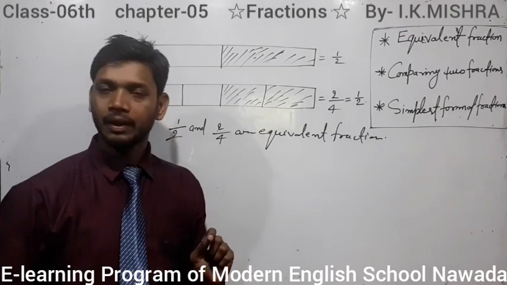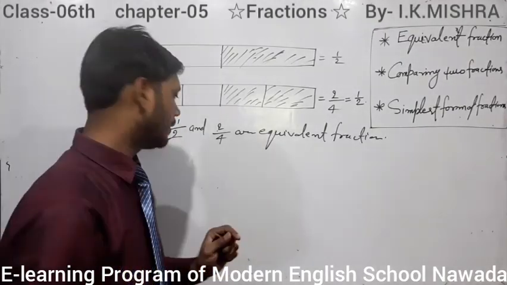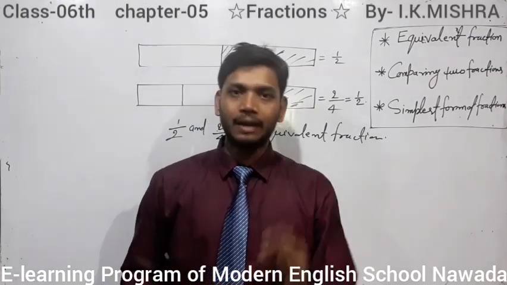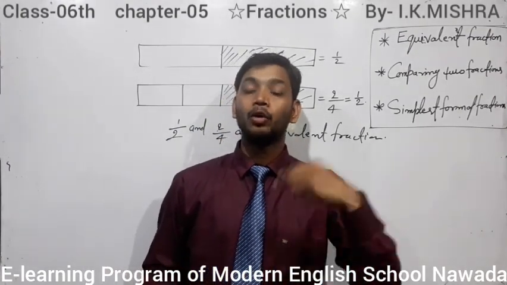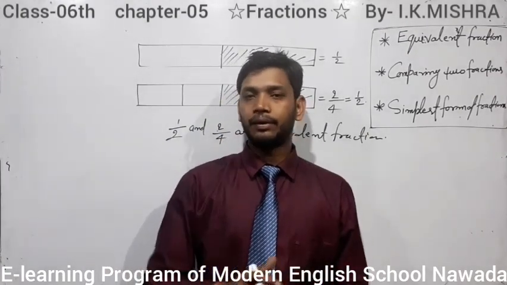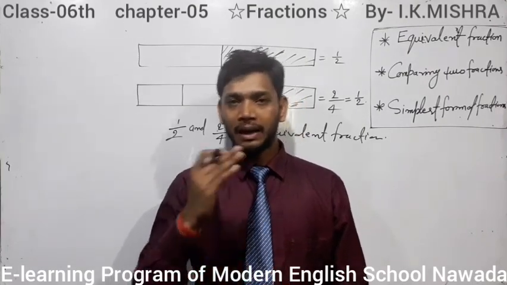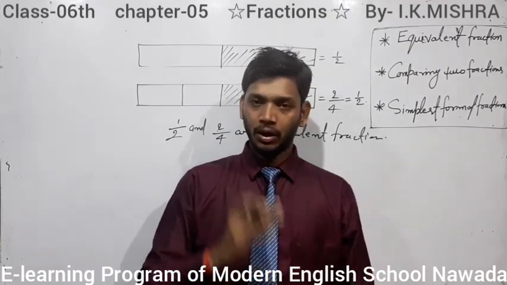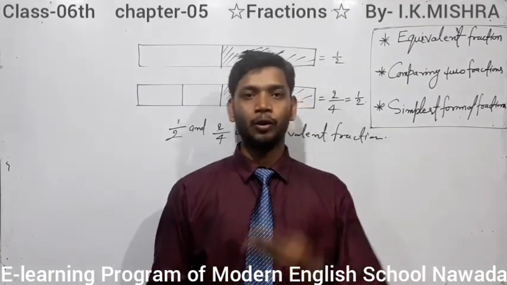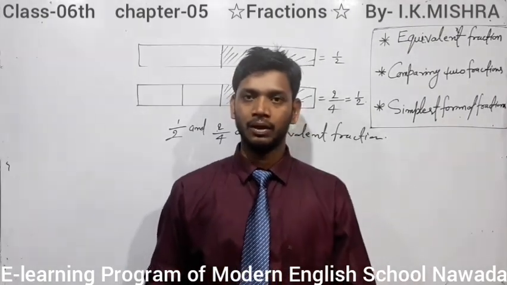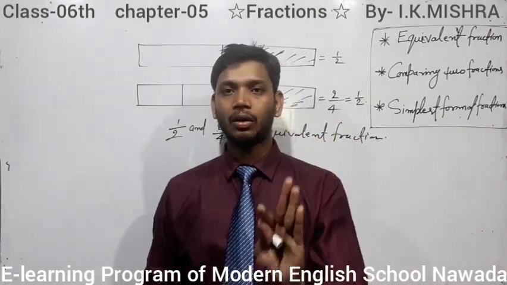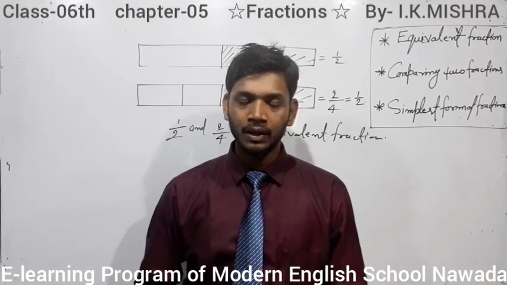In words, two fractions are equivalent if you multiply or divide the numerator and denominator by the same non-zero number. Then you will get an equivalent fraction of that fraction.